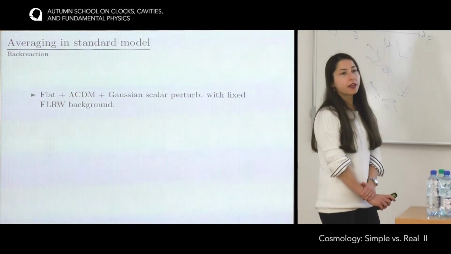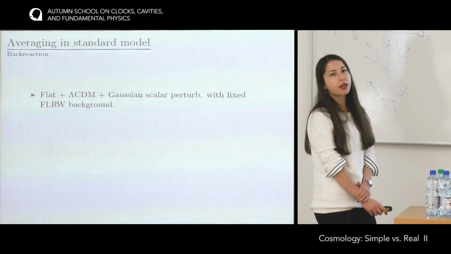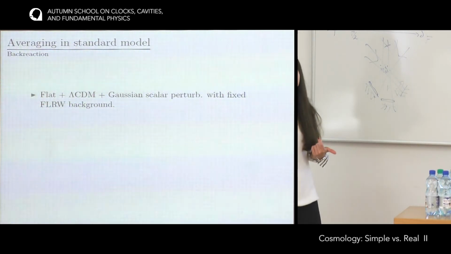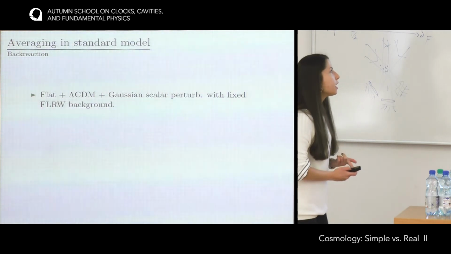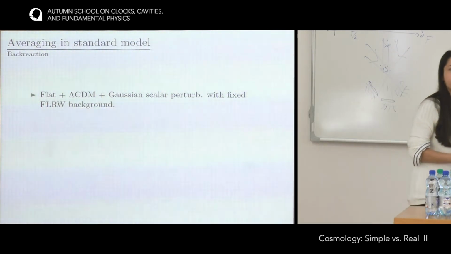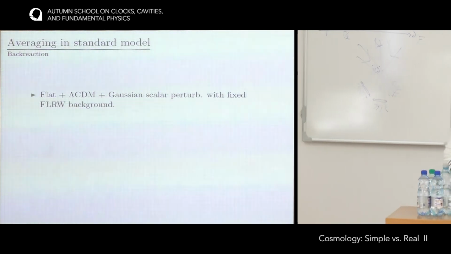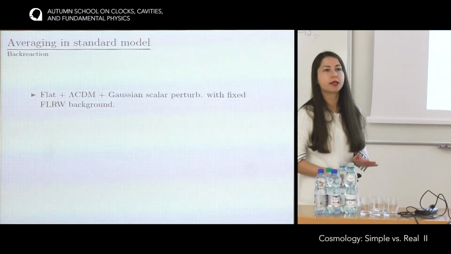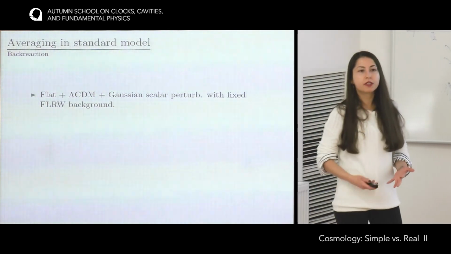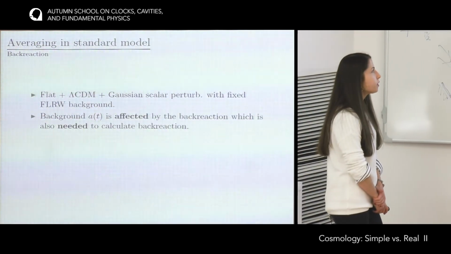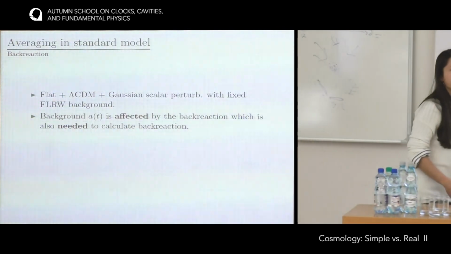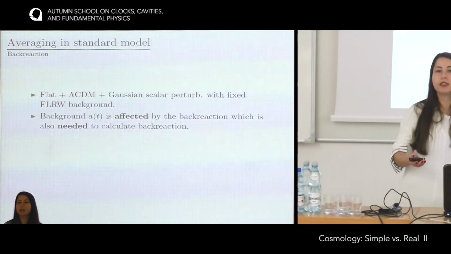Okay, and then you should maybe go and check what happens in the standard model, right? Standard model is flat. You have the lambda CDM contributions, and you have Gaussian scalar perturbations on a fixed background, homogeneous and isotropic background. And if you want to do some averaging in the standard model, you need this scale factor in your model, right?